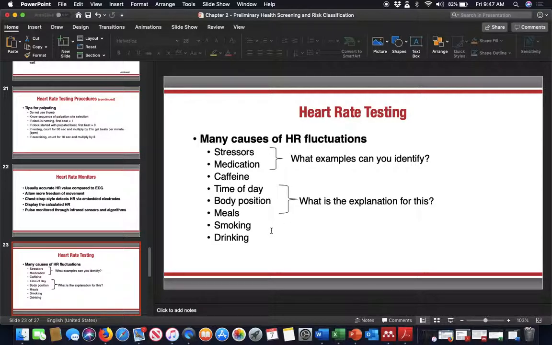Then it stays elevated for the rest of the day. Even though it may not be as high, it's still going to be higher than resting, because you're moving around all day. There are fluctuations in hormones, enzymes, muscular contractions, things like that. Meals can change your heart rate, and smoking and drinking as well.